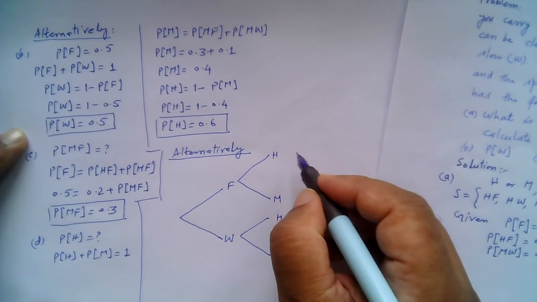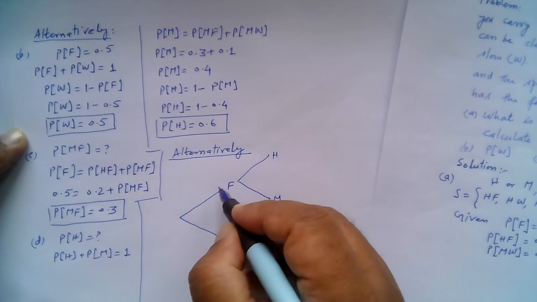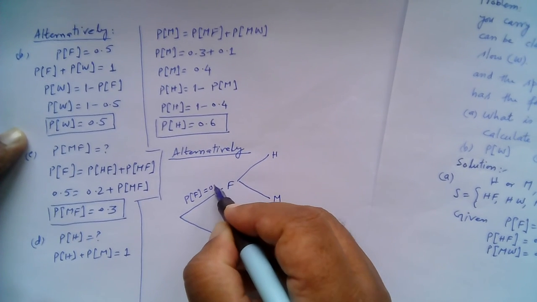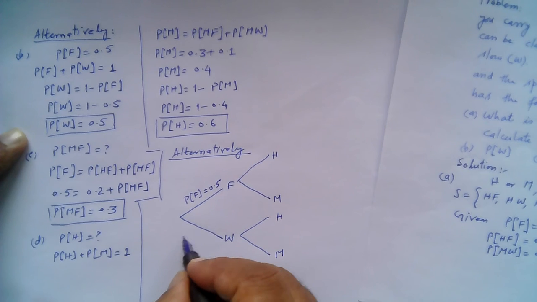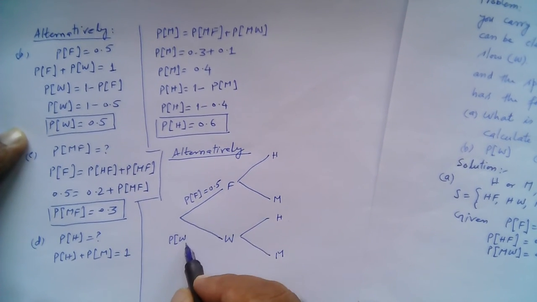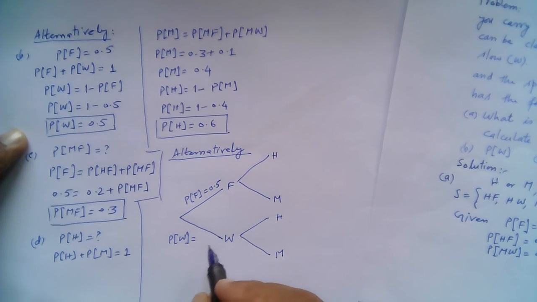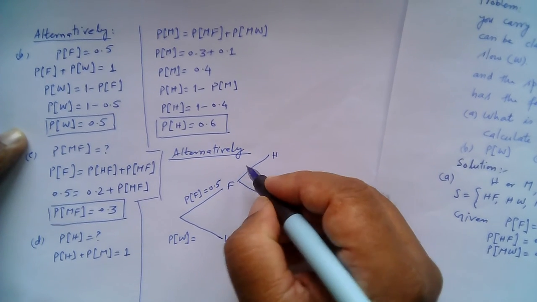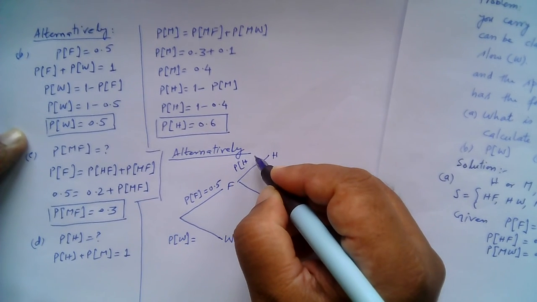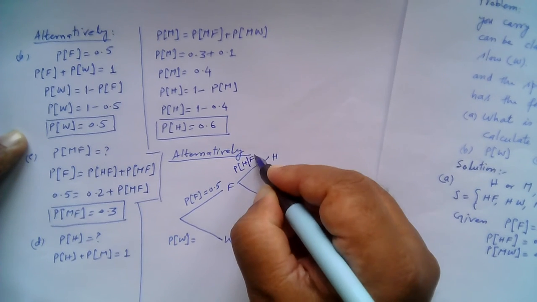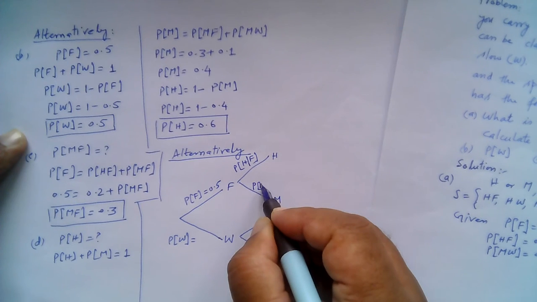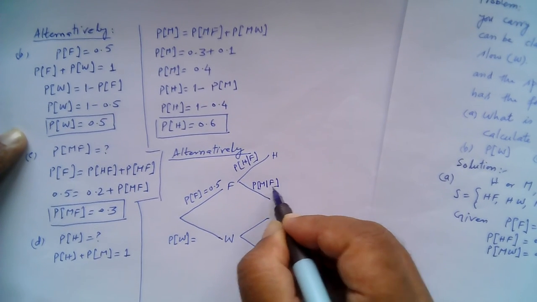So this is the probability the phone is slow, and we are given that this is 0.5. This is the probability of phone being fast, and this is the probability of phone being slow, right? And this here will be the probability of handheld phone given that it is fast, and this will be the probability of mobile phone given that it is fast.